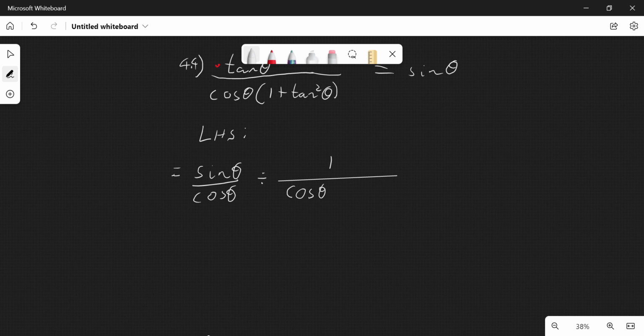Cos theta times cos theta plus sine squared theta times cos theta over cos theta.